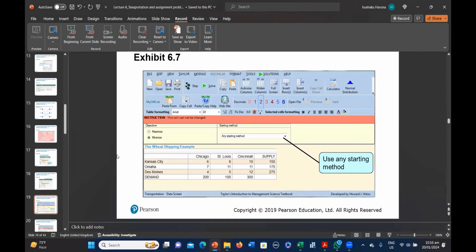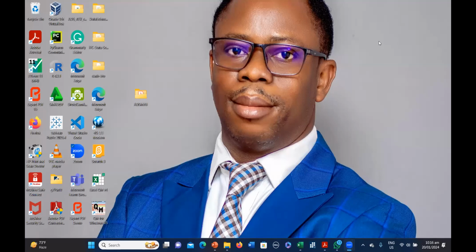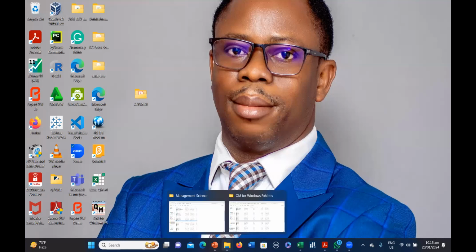Now, you can solve it. Usually the solution is easier with the Excel QM. Let's open exhibit 6.7. That one, the solution is usually easier.